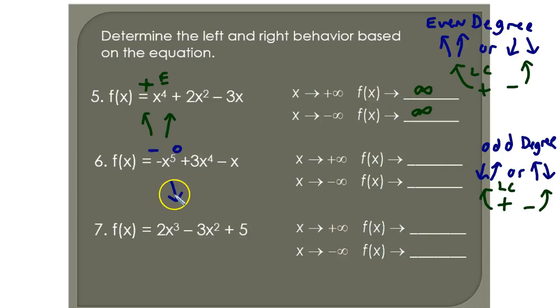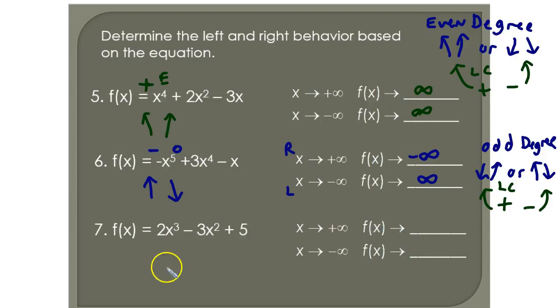So if they're in different directions and it ends down, the left side has to be up. So as we go to the right, we should see down. As we go to the left, we should see up. And you can graph these on your graphing calculator just to check to make sure that you're getting it right. But that is what would happen.